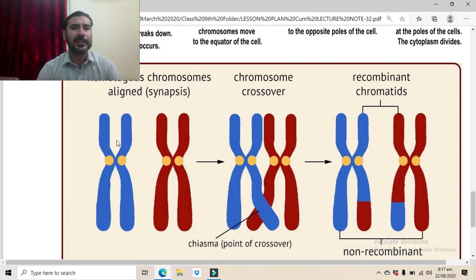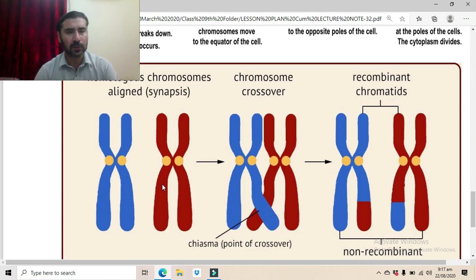It is also known as tetrad. Tetra means 4 in Greek. It is known as tetrad on the basis of chromatids, because this pair consists of 4 chromatids: 1st chromatid, 2nd chromatid, 3rd chromatid, and 4th chromatid. So whenever synapsis takes place, the homologous chromosomes pair up and pairs are formed.